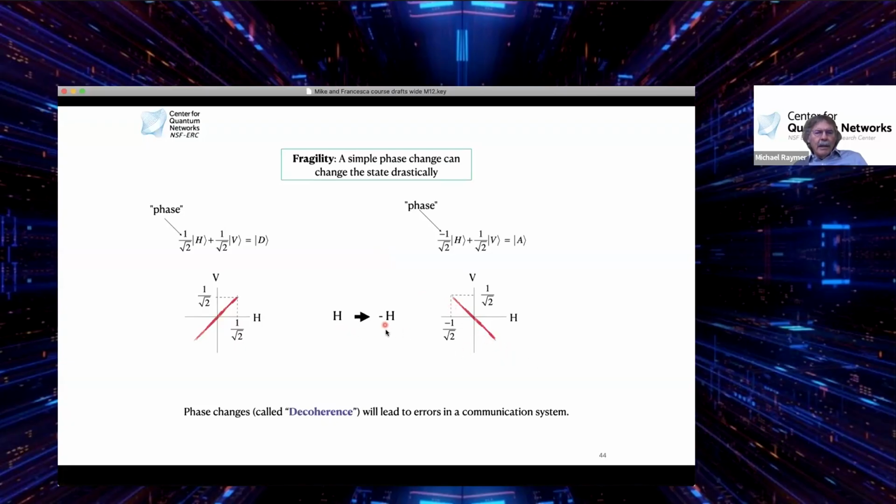Just by changing H to minus H, you've changed the state completely, because you could distinguish those two states by using an AD analyzer crystal. So a small change can lead to a large change of the state. And this effect is called decoherence, which can lead to errors if you're not careful. So it's a case where the probabilities don't change, but the state did change.